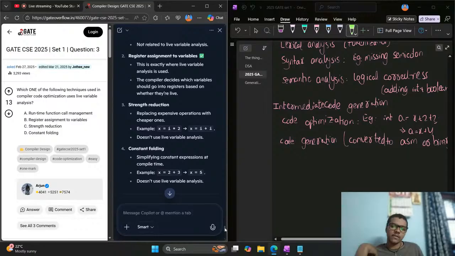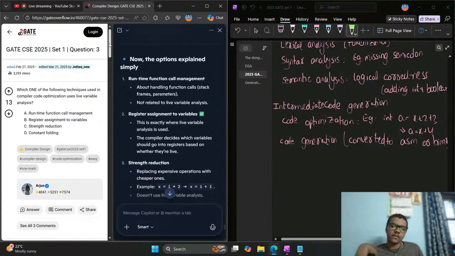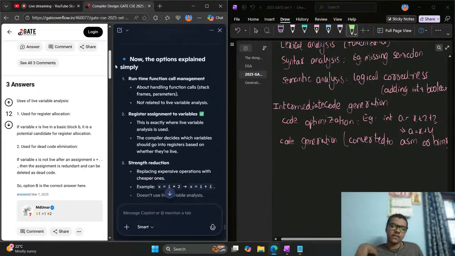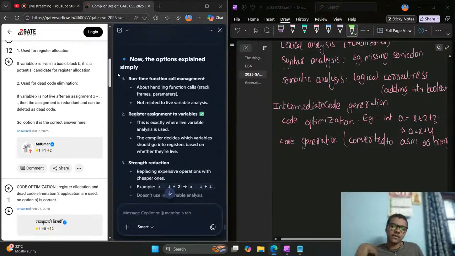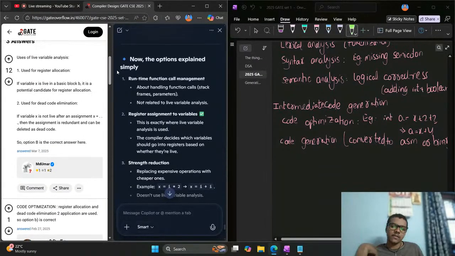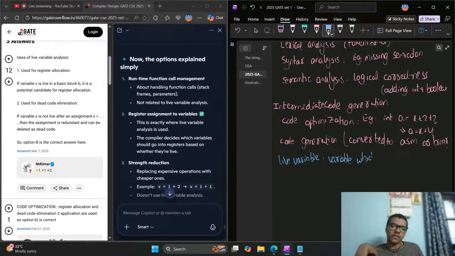Alright. This is again, I think, one more question. Use it for register allocation. Nice, man. Variable which needs to be used in later sections of code as well.